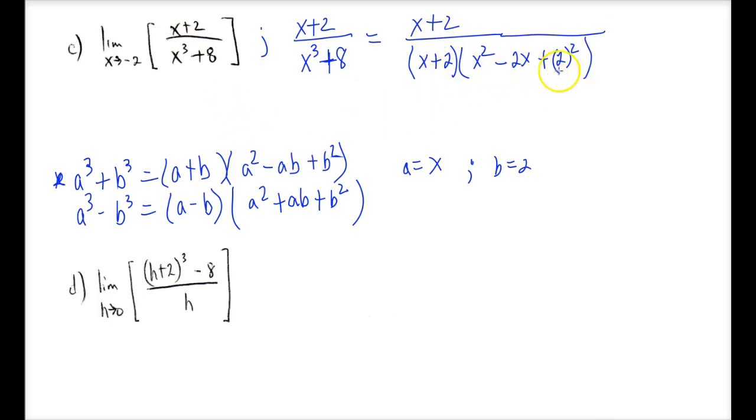From there, we see that we have a common factor of x plus 2. So that will reduce to 1, and that's letting us know that this rational function will act just like this one.